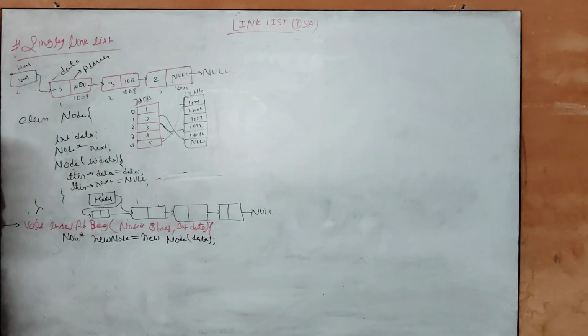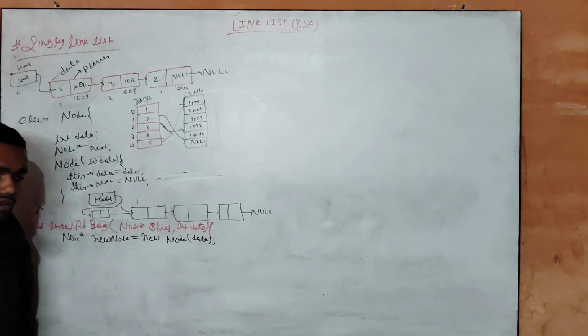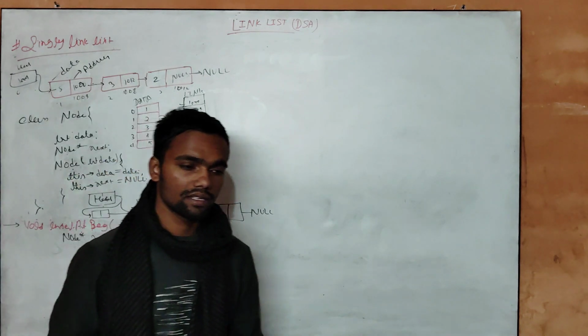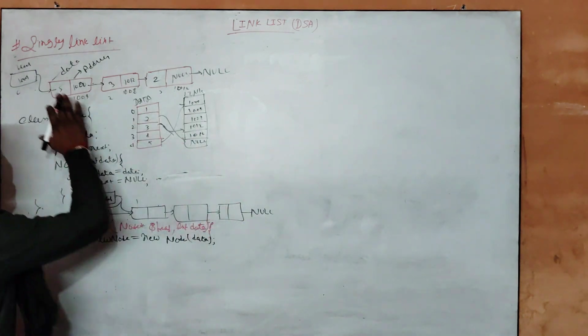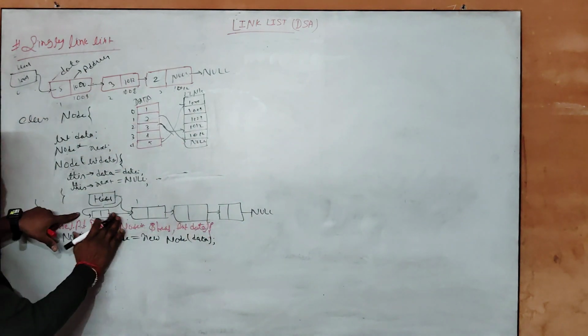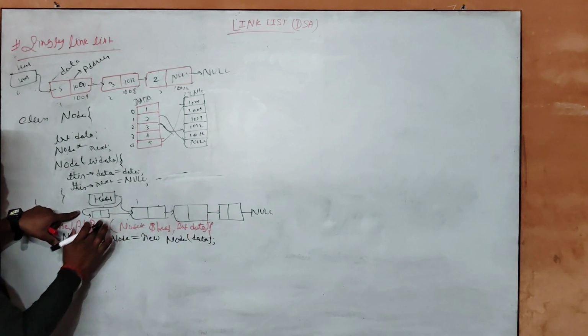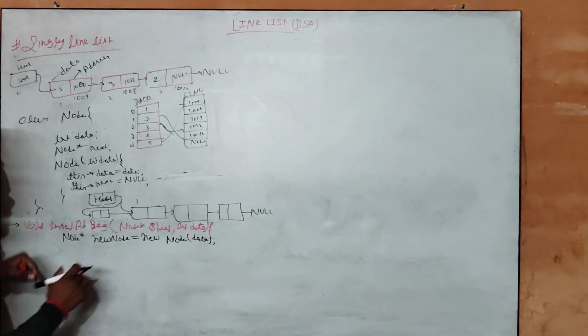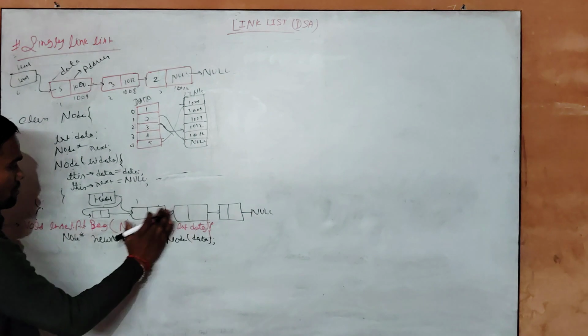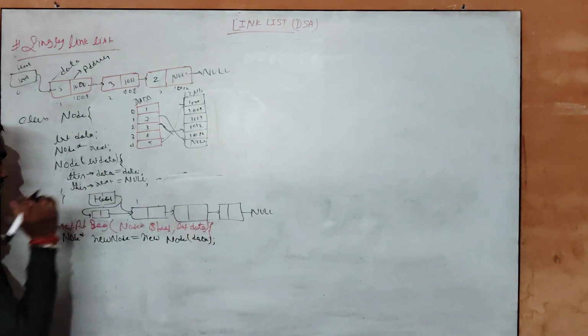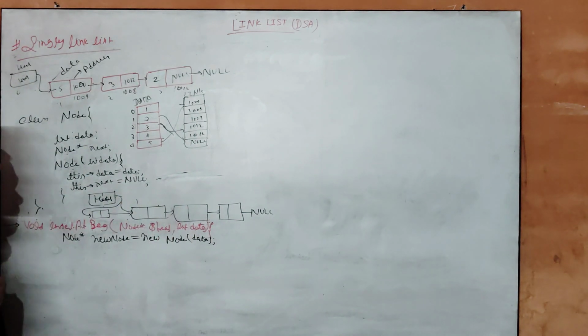Okay, fine. And first you need to check one base case. How can we check the base case? Suppose we have no node. Then how can you insert? Suppose we have 3 nodes, 1, 2, 3, and I want to insert in the first position, and in the first position we don't have any node. First you need to check the base case.